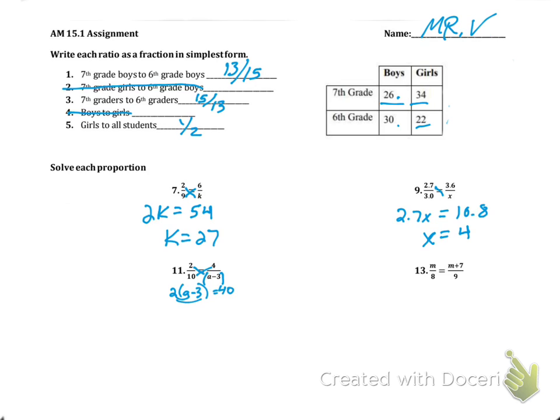Then I distribute: 2a minus 6 is equal to 40. Plus 6 on each side, 2a is going to be equal to 46, and then 46 divided by 2 is 23. So a is equal to 23.